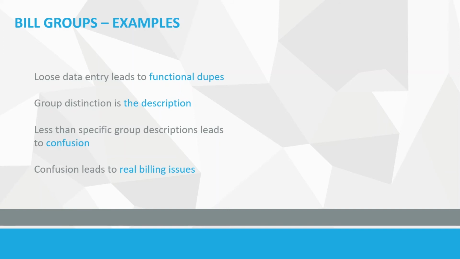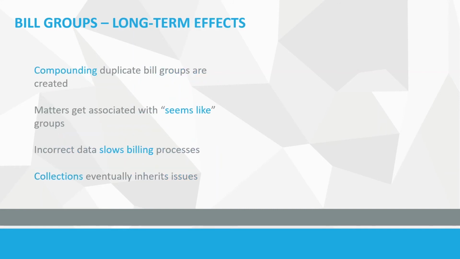And so this confusion at intake ultimately results in issues during billing, where billing potentially doesn't have the information that they need in order to generate a bill, and all of this inefficiency causes delays in the billing process.